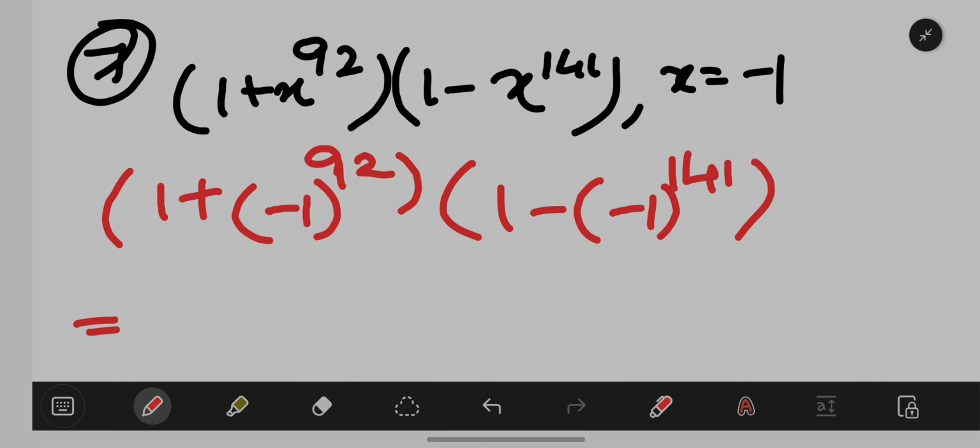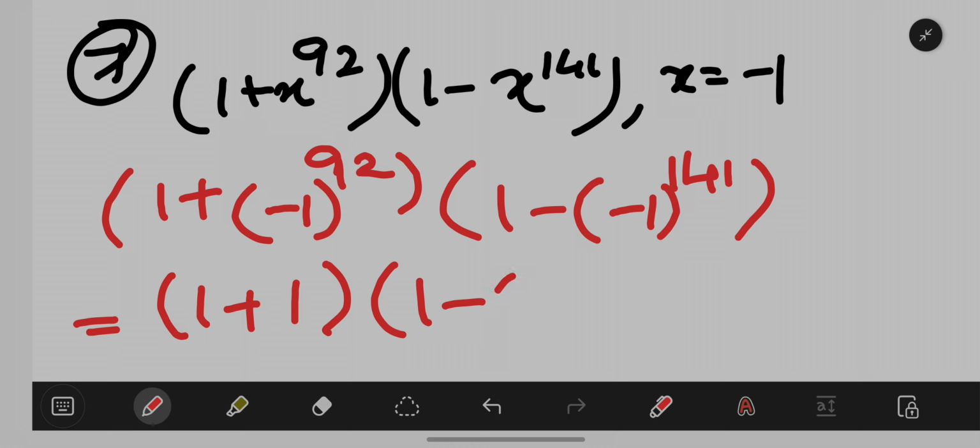You see, 1 plus minus 1 power 92. 92 here ends with 2, so it is an even number. So plus 1. 1 minus minus 1 power 141. So it is ending with 1, it is an odd number. So you will get the answer as minus 1. Right? So 1 plus 1 is 2.